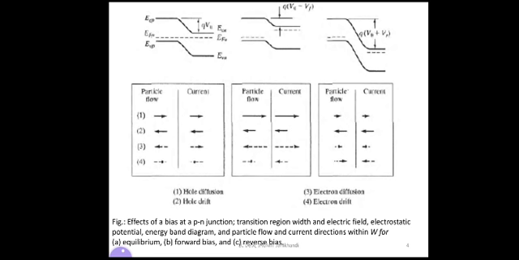Therefore, we can expect the width W to decrease under forward bias, since a smaller electric field means fewer uncompensated charges, and to increase under reverse bias.